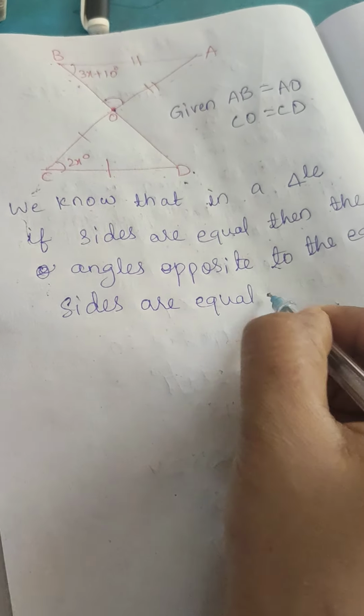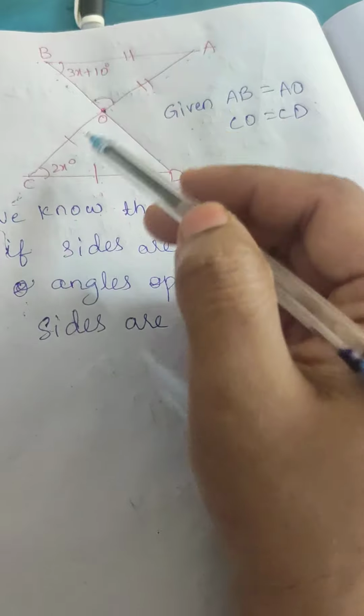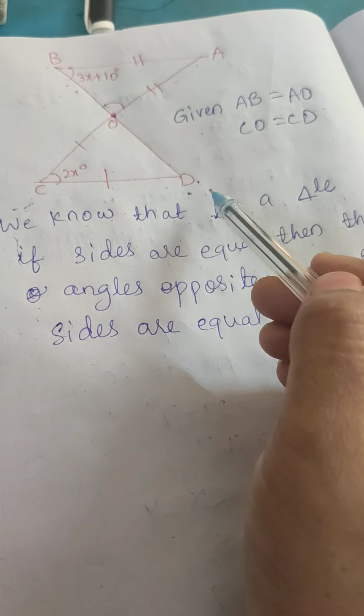Now we are using this concept here. AB and AO are equal and CO and CD are equal.